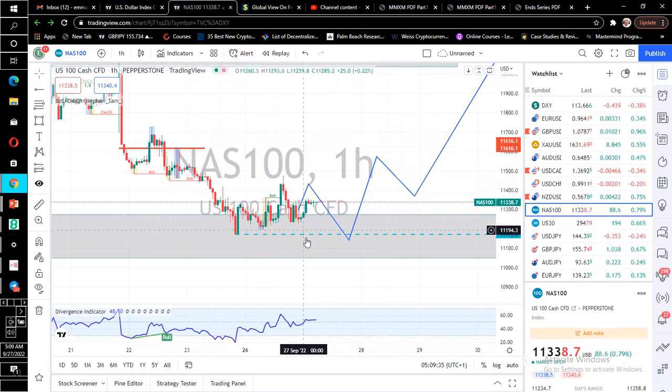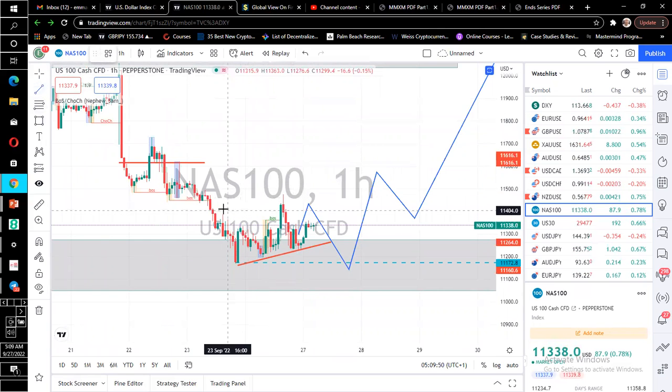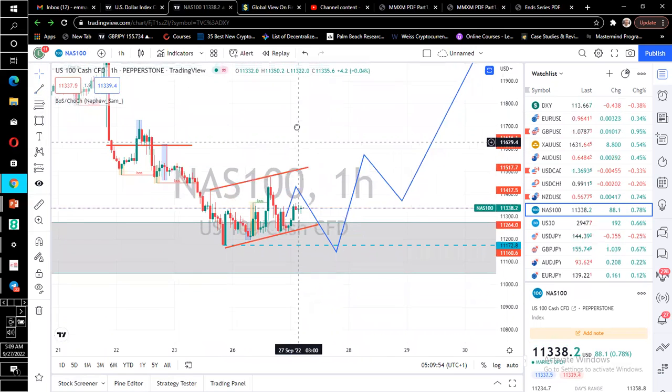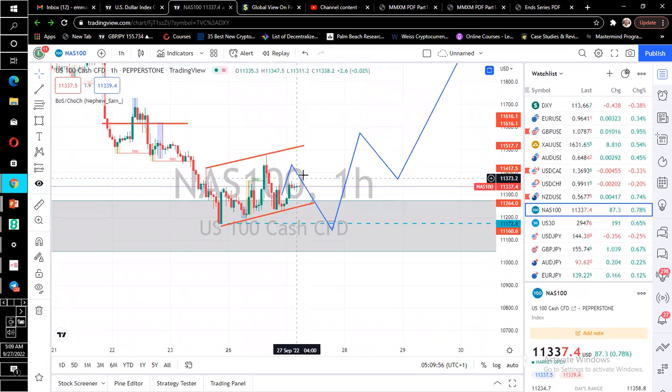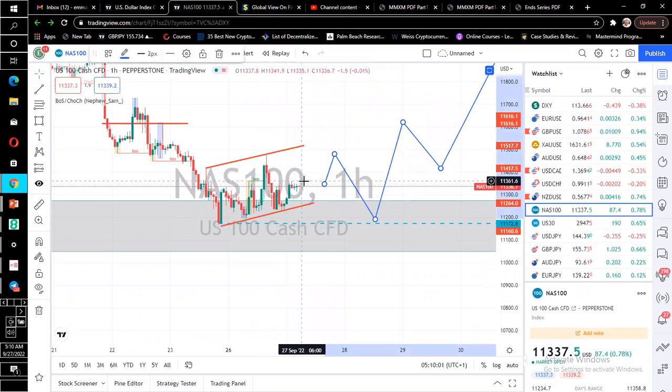So I move by what the high time frame is saying, not by what low time frame is saying. So I have liquidities here, in this level here. Market has actually entered this fair value gap here.